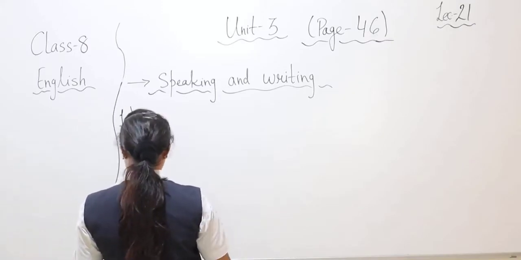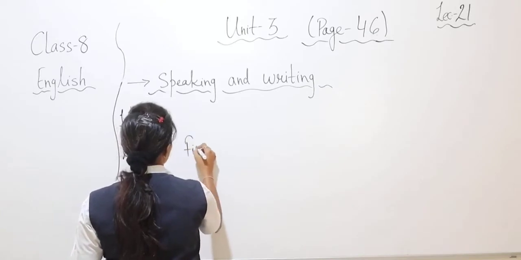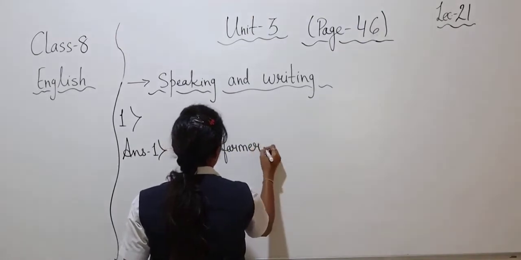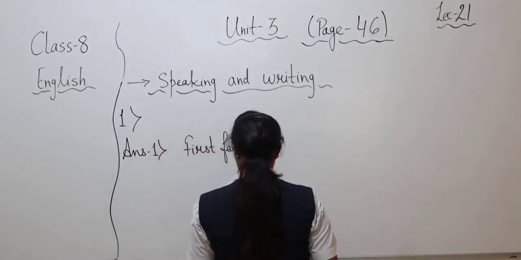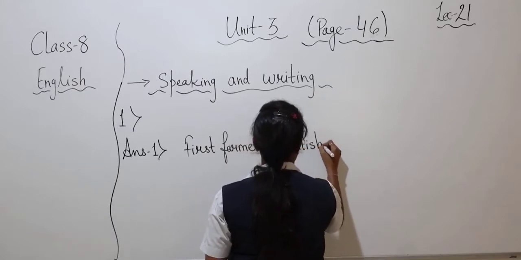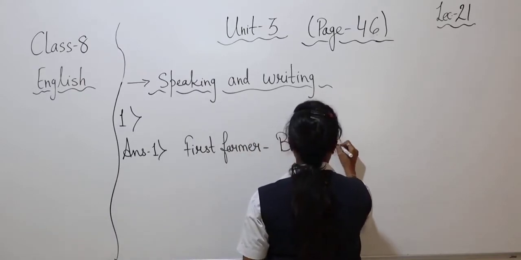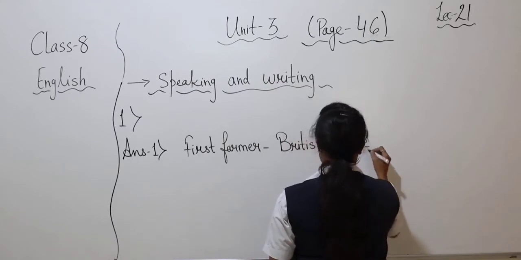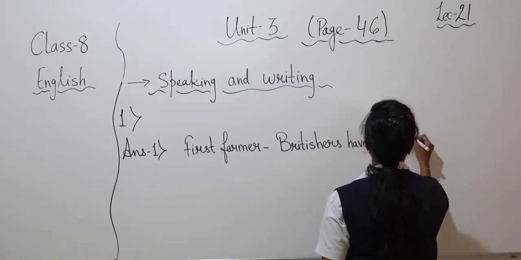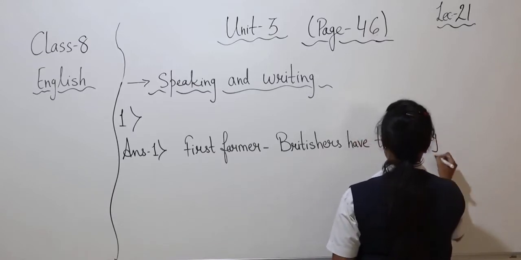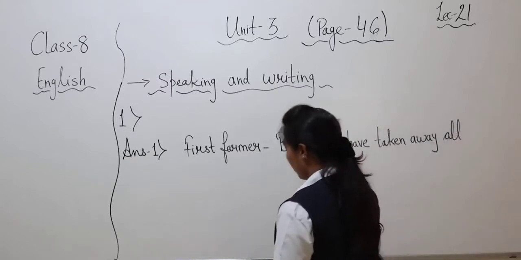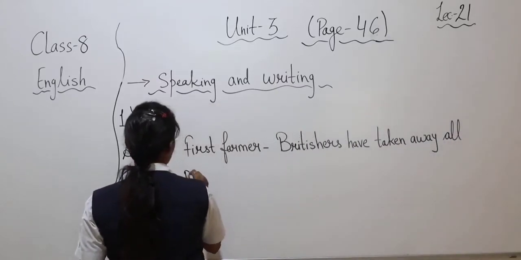So speech we have to write down. So the first farmer: Britishers have taken away all my crop.